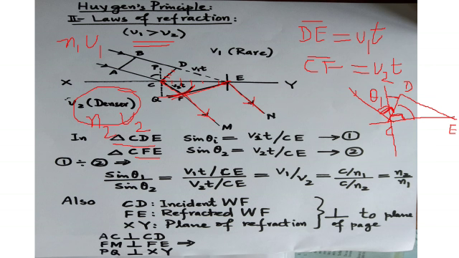So FM stands for the refracted ray in the second medium. Likewise, EN stands for the refracted ray in the second medium, and FE, this is the refracted wavefront which will then follow this path as it moves along.